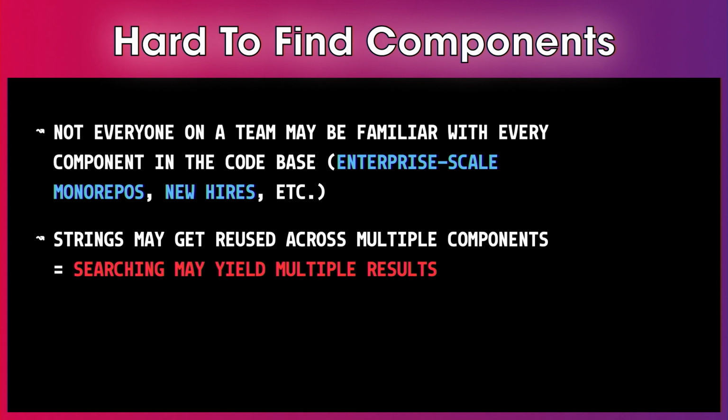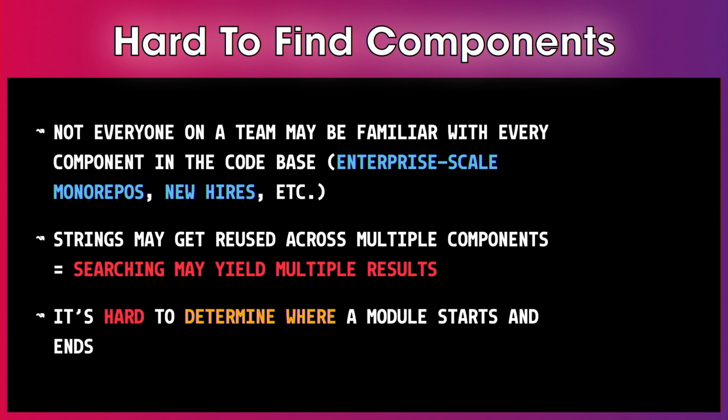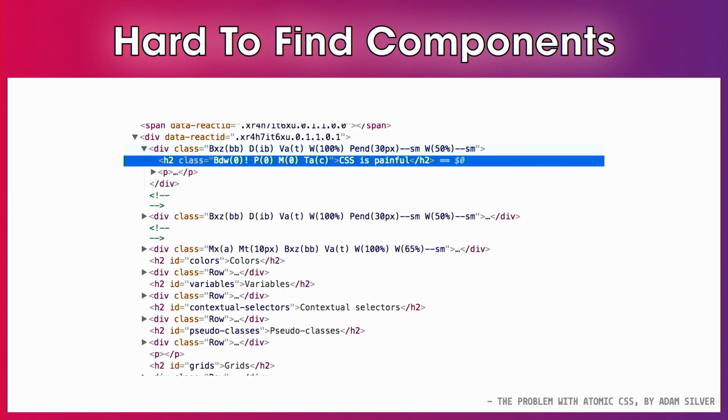And the second problem is, in Atomic CSS, it's very often that you have strings being reused multiple times. So if you're querying for those strings, you can have a lot of results that's not what you're looking for. So basically, the result is it's usually hard to determine where a module starts and where it ends. And again, that's not a Tailwind thing. This post is from a few years ago, and it's reporting the exact same problem, but with ACSS.